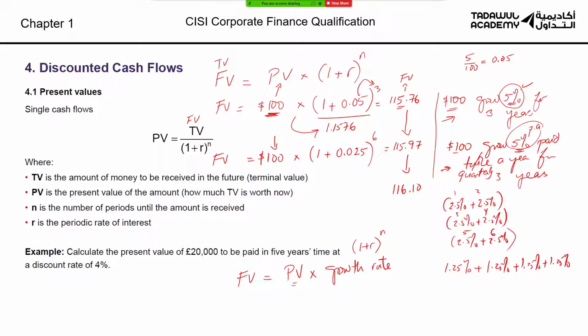If we need to calculate the present value, we just do cross multiplication: it's the future value over the growth rate. Because the future value is equal to the present value times the growth rate. Of course, future value or terminal value are used interchangeably. So this is how we got to this point: the present value at today's money is the terminal value, or the future value, over the growth rate.